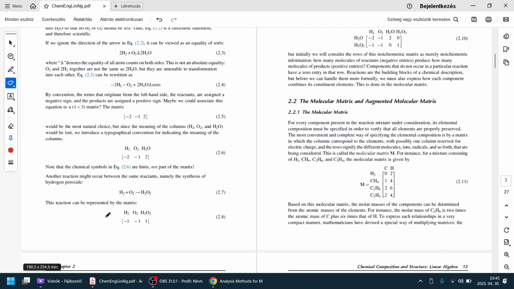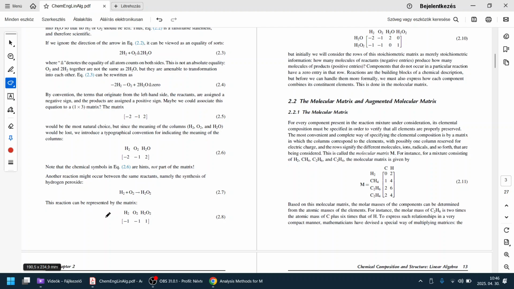So now we have a very special matrix called a vector. And there is another reaction. One hydrogen and one oxygen molecule, one meaning 1 mole, form hydrogen peroxide. That's funny, actually. I'm pretty sure something is necessary for this reaction. Otherwise, the life of hairdressers would be easier.